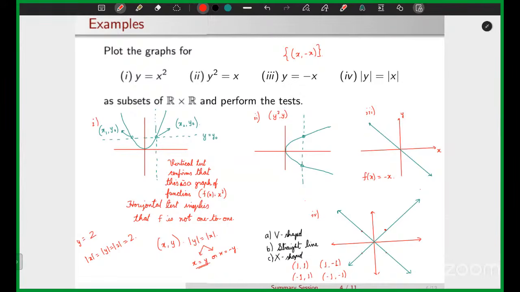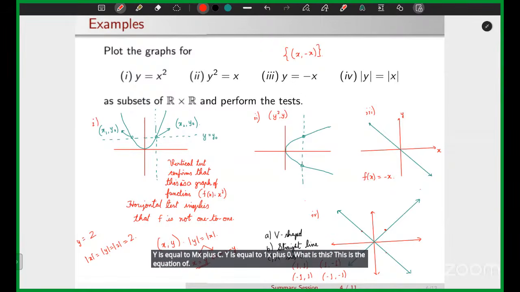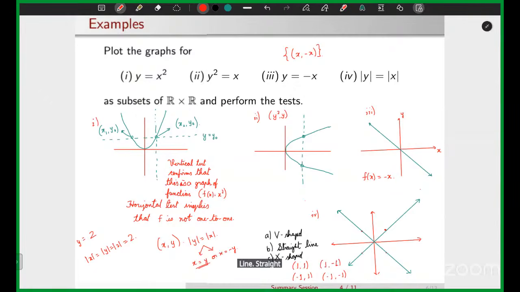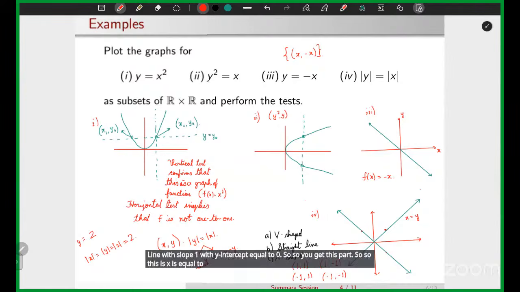If you're given the equation y is equal to x, how would you describe it? No, y is equal to mx plus c. Y is equal to 1x plus 0. What is this? This is the equation of a straight line with slope 1 and y-intercept equal to 0. So you get this part.